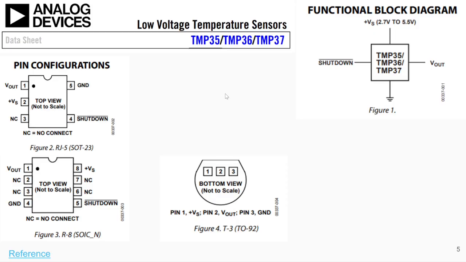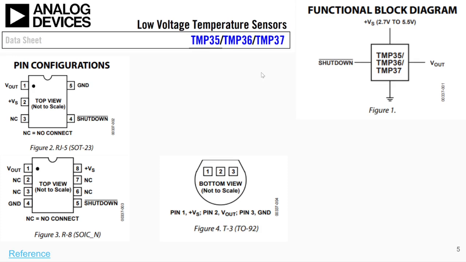But for now, since we are discussing RTDs, I took the TMP35, 36 or 37 low voltage temperature sensors from Analog Devices, because we are going to use the TMP36 in the lab at the end of this lecture, and I will introduce you to that lab. I wanted to discuss some very useful information I found.